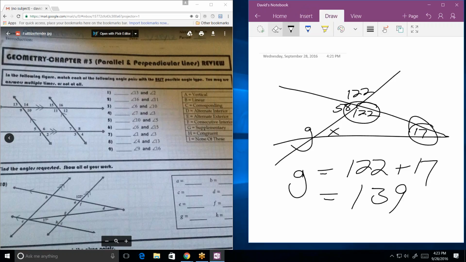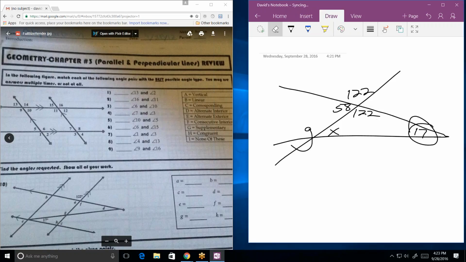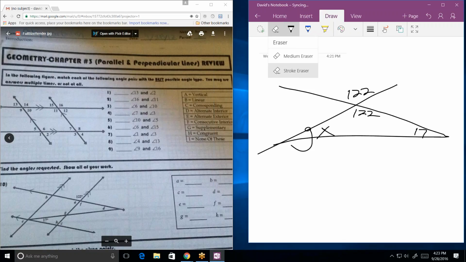Okay, now let's not leave this for a minute, because this is a theorem that a lot of people have trouble memorizing, but you don't need to memorize it. In other words, let's figure out what X is. Now you have a triangle, and you know the sum of the angles of the triangle has to be 180, right?